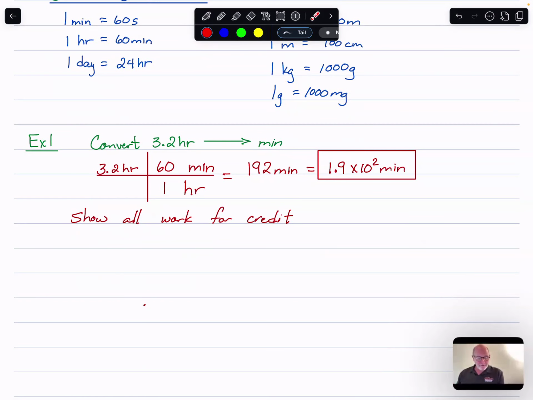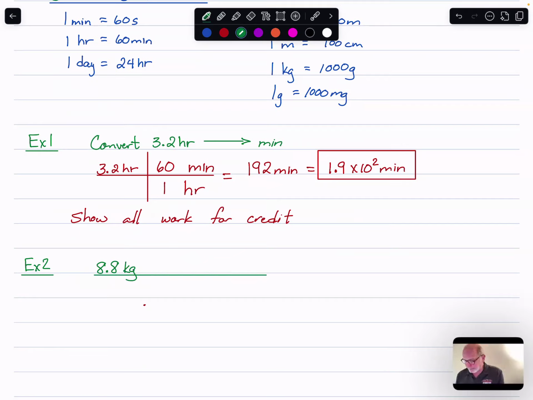So, what if we took another metric and let's convert? Let's do example number 2. Let's use mass and let's convert 8.8 kilograms.